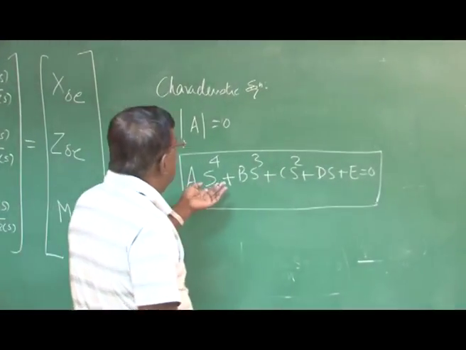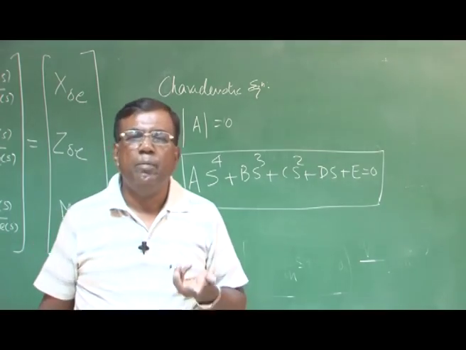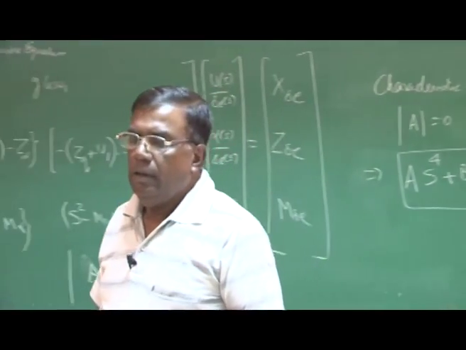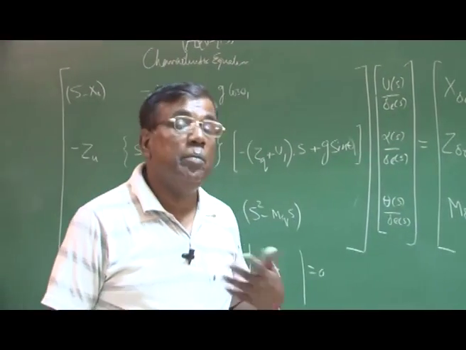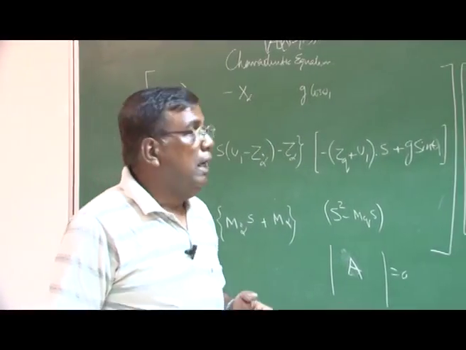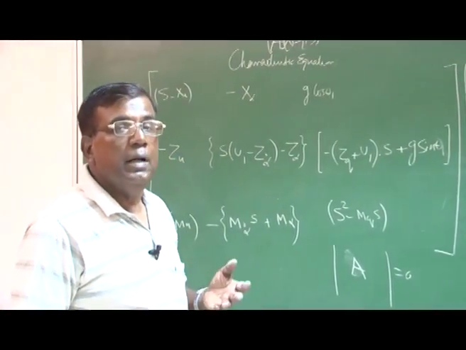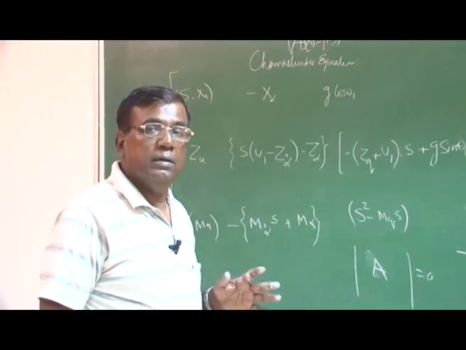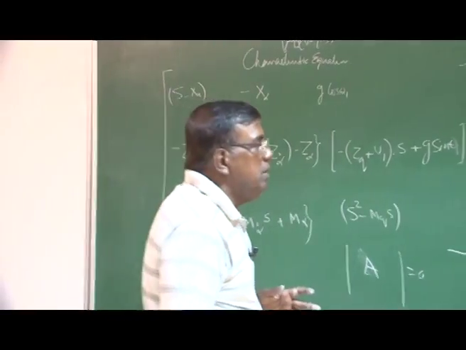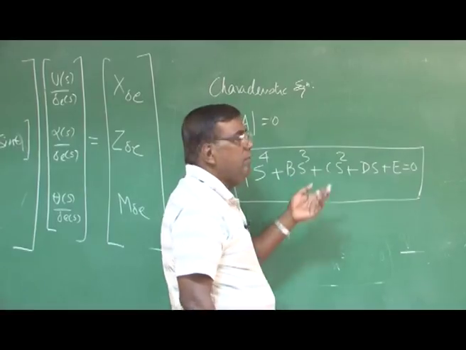You find the roots of s and see what the real part is, whether it is a complex root or a real root, what their sign is, and from those you can find out whether the airplane will be dynamically stable or not. So basically you need to know how to solve this equation to find the value of s.